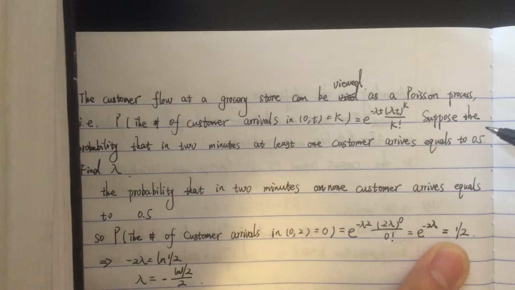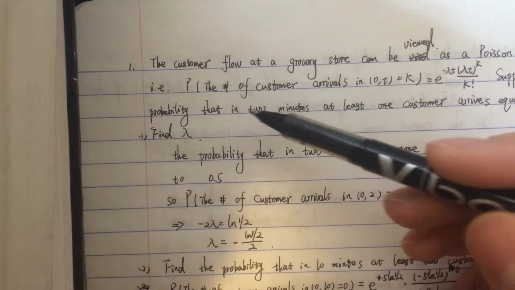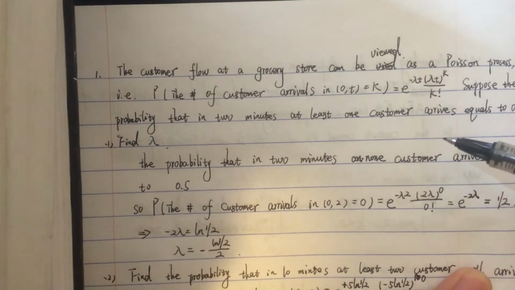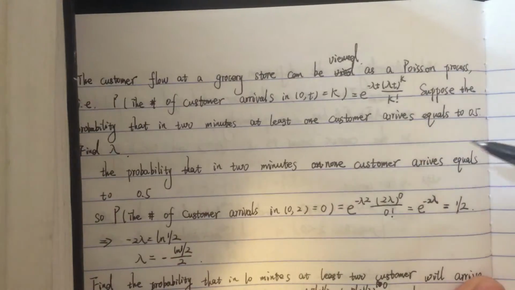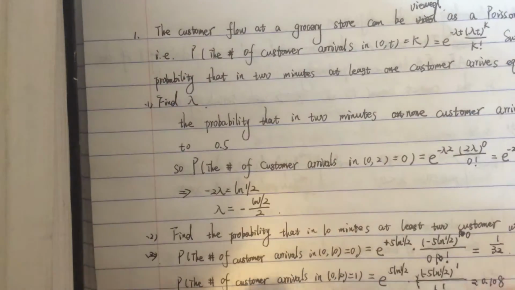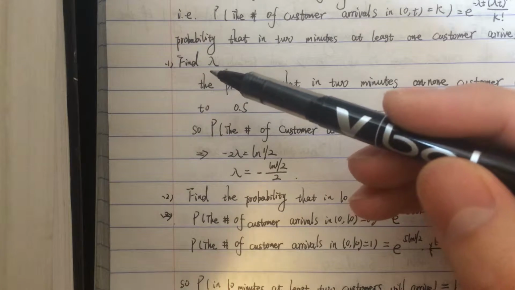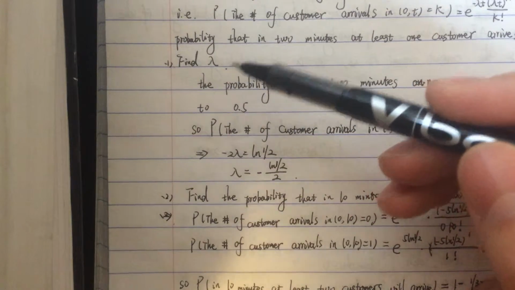And suppose the probability that in 2 minutes at least one customer arrives equals 0.5. So the first question is, let us find lambda.